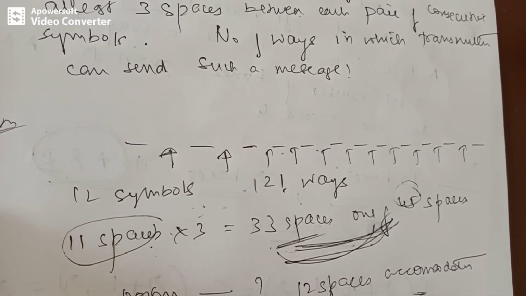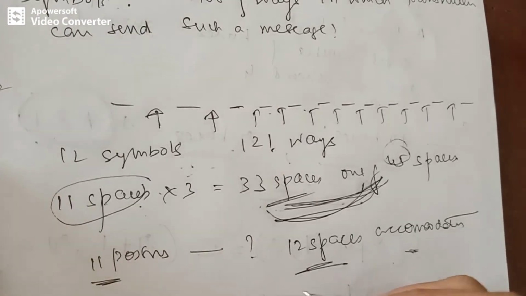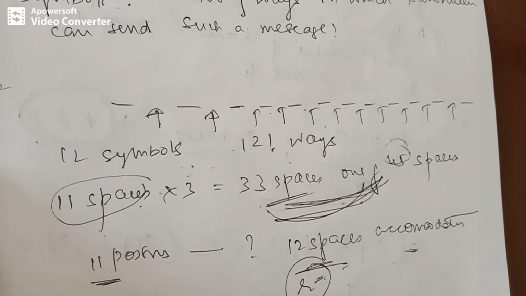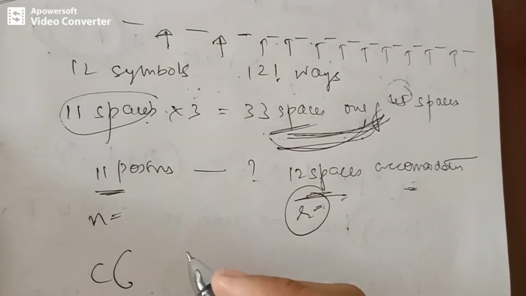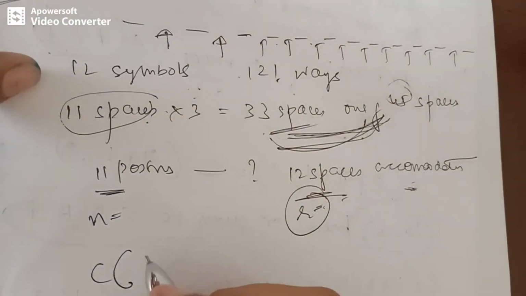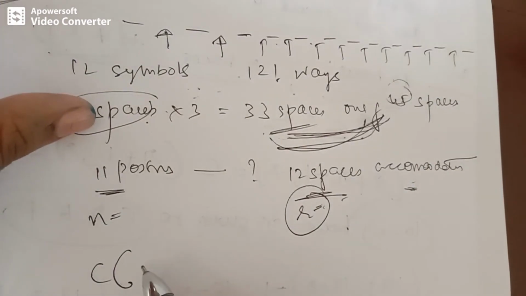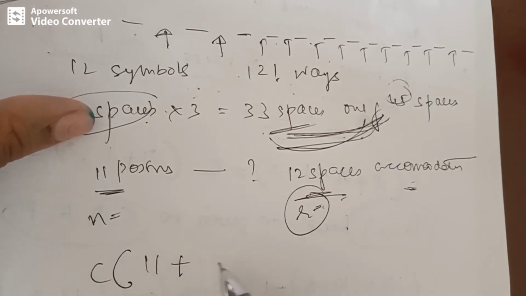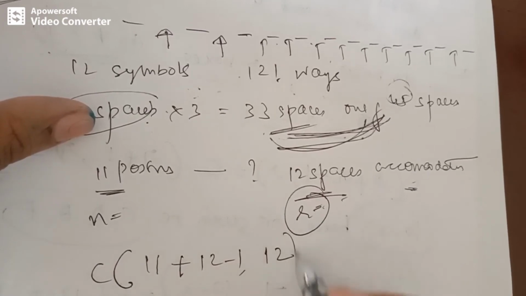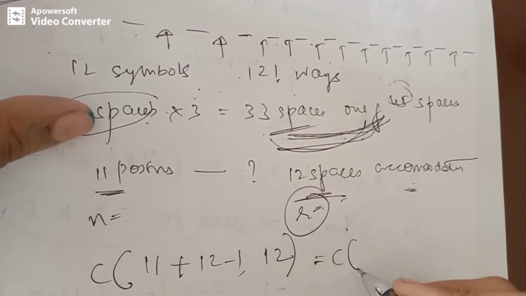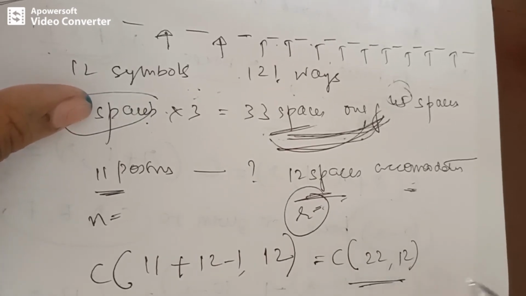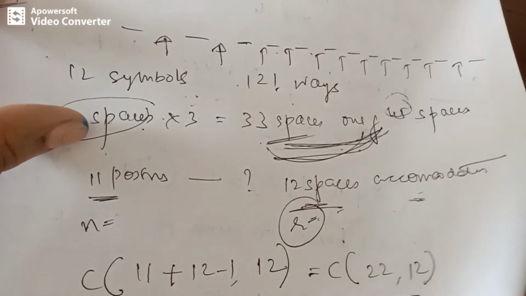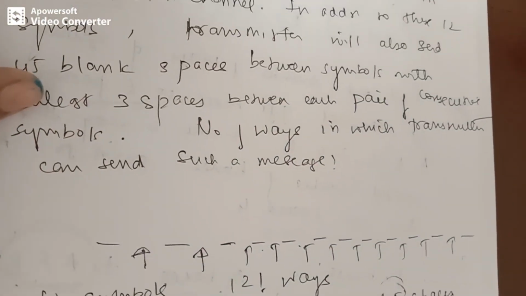So there are 11 positions, which is the value of n, and r is 12. This kind of selection of spaces can be done as combination with repetitions. So it is C of n plus r minus 1 comma r, which is C of 22 comma 12.